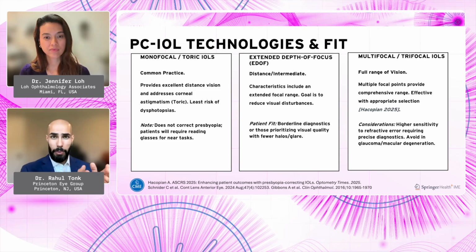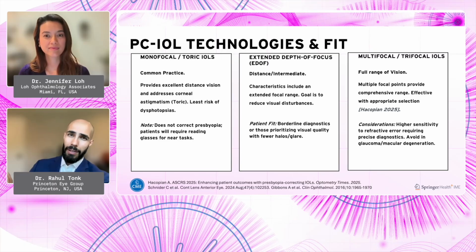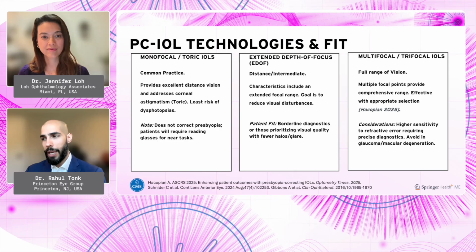Or people would say, I don't want to take any contrast away. That is going to be a monofocal or monofocal toric or a light adjustable lens, let's say. Others would say, for mild glaucoma, I don't want to take presbyopia correction off of the table. I think what most people would then say is, well, I don't know about a full range of vision lens, right? That would be more contrast loss than I'm willing to offer my patient.